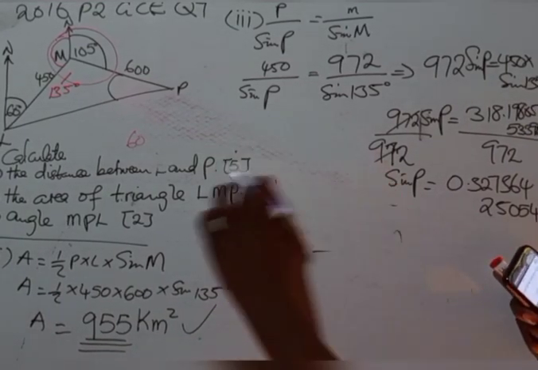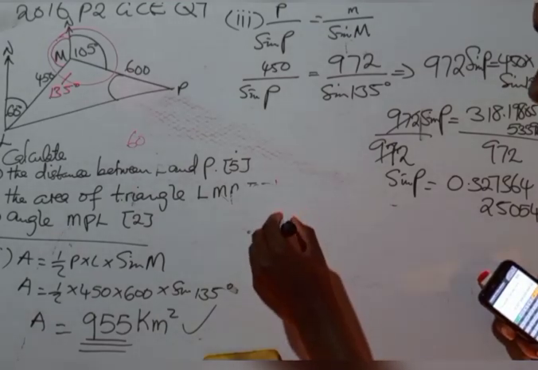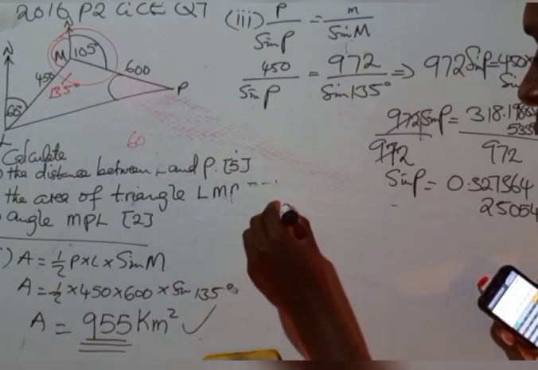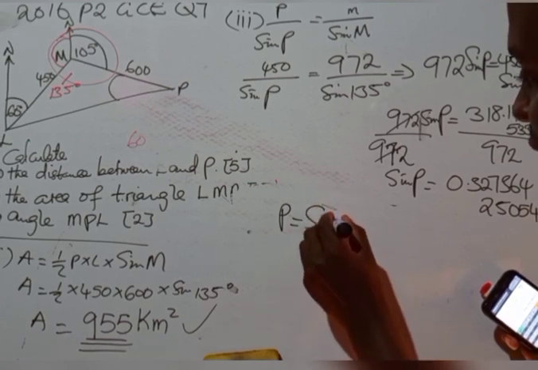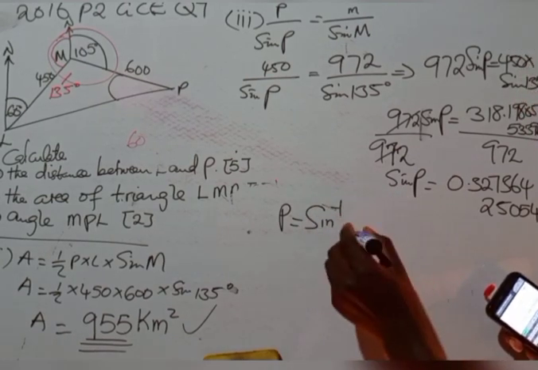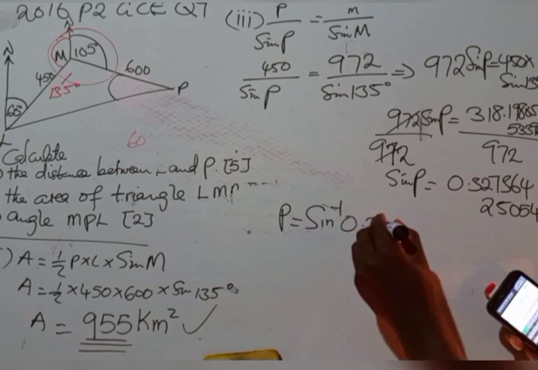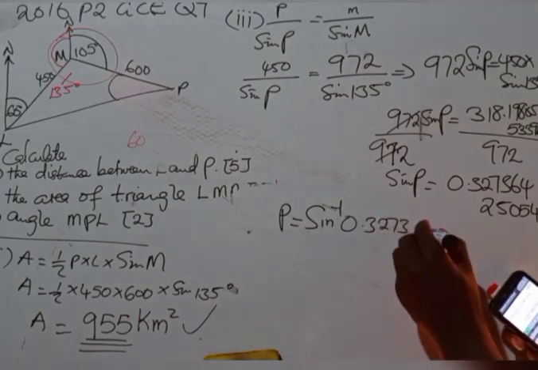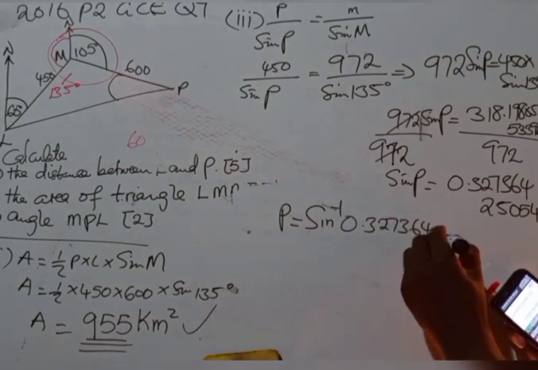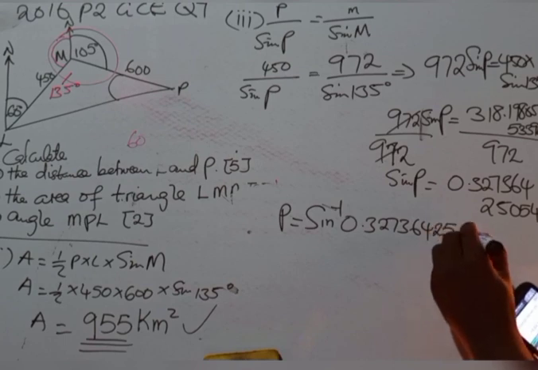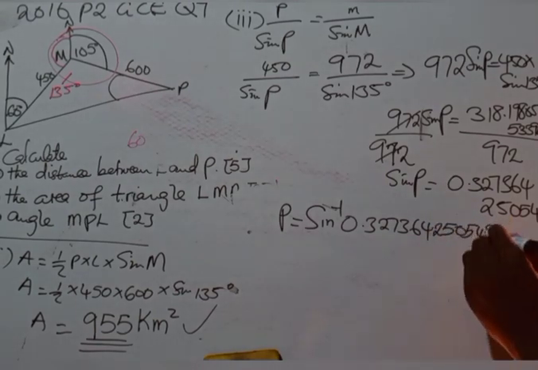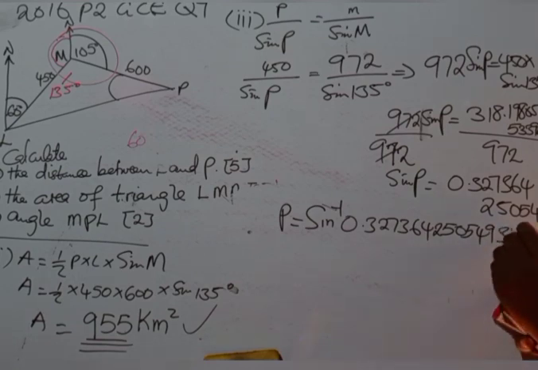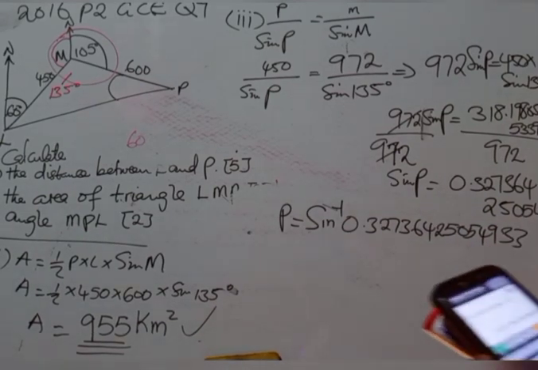So now, to find the angle P, you are going to say the inverse sine of 0.327364250549.